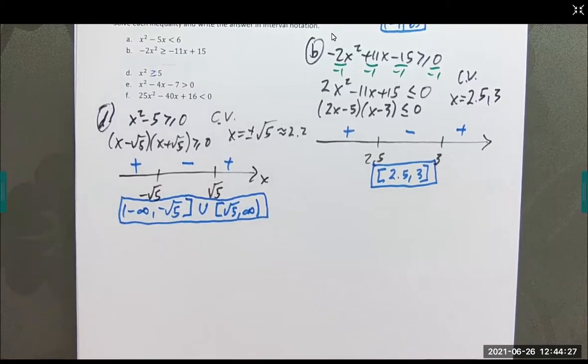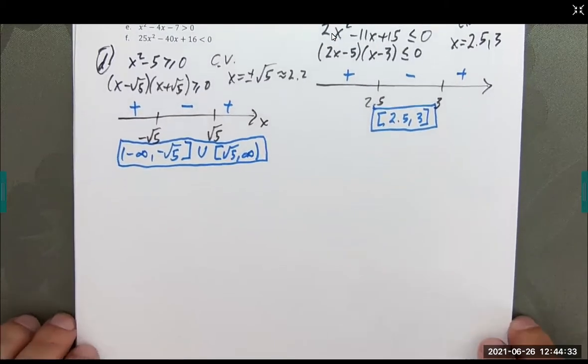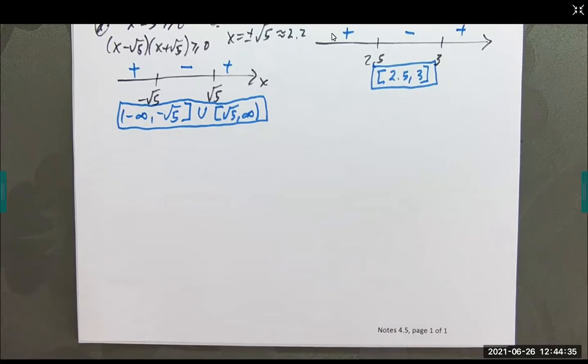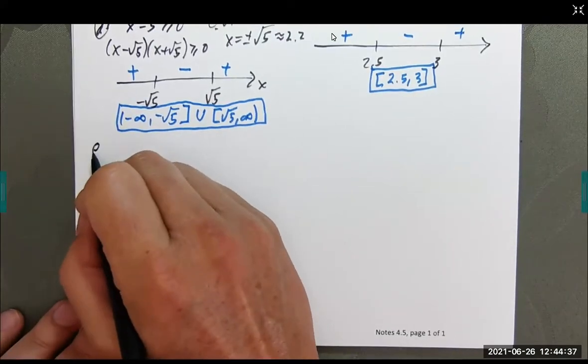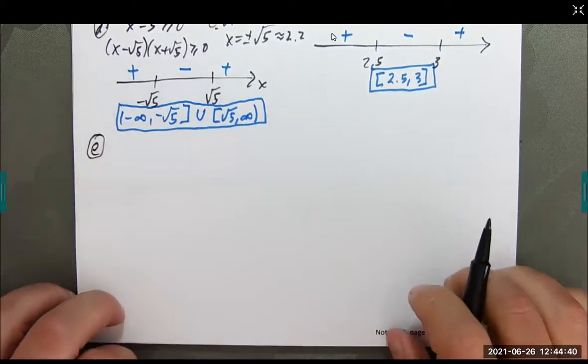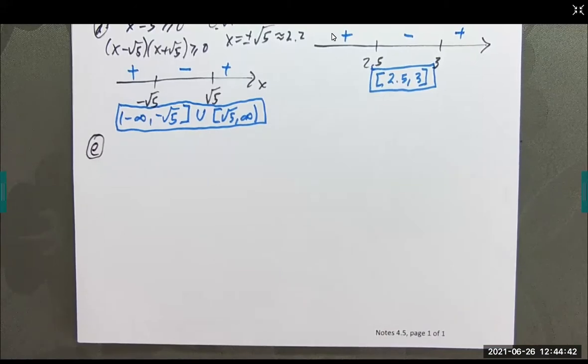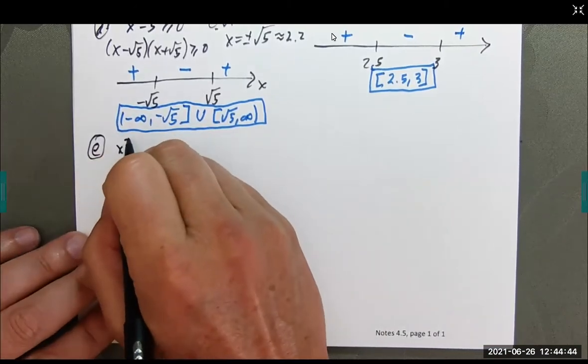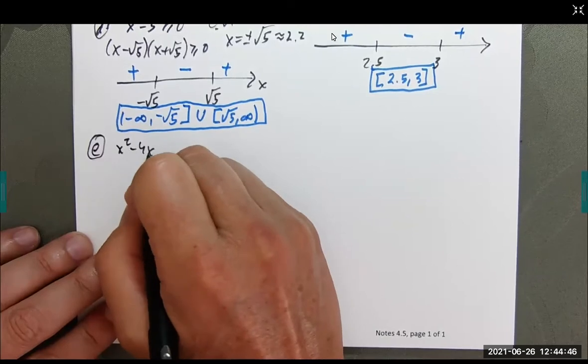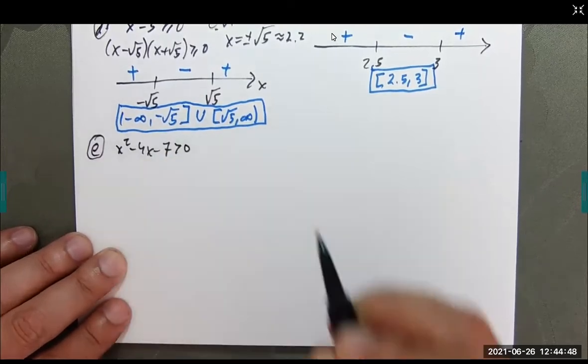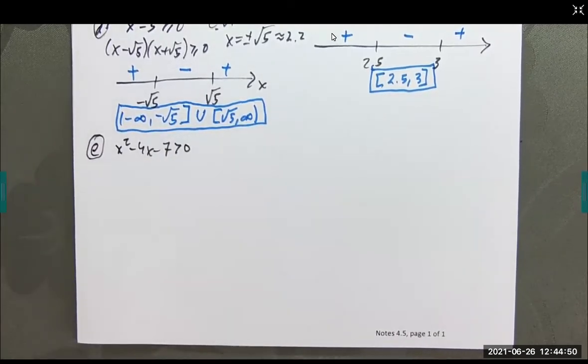All right. E is going to take a little bit of doing. All right, E. So we have x squared minus 4x minus 7 is bigger than 0. Now, here's why it gets tricky.